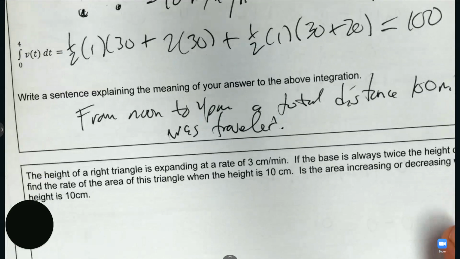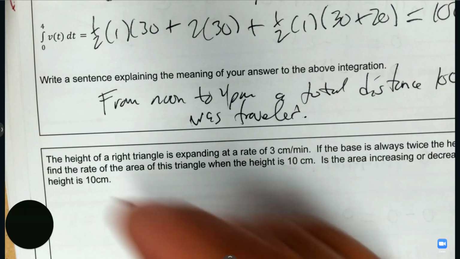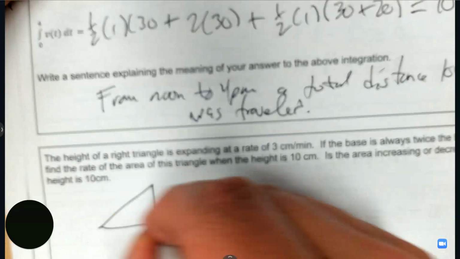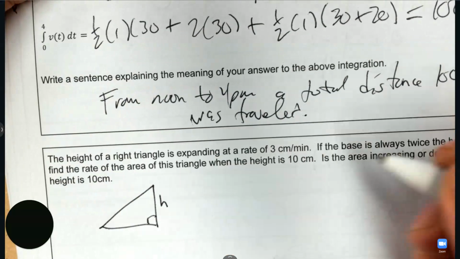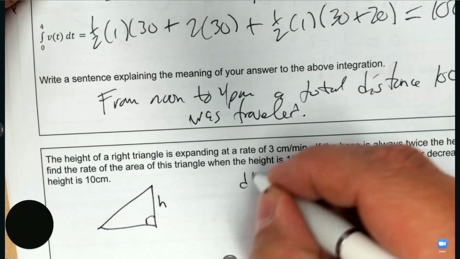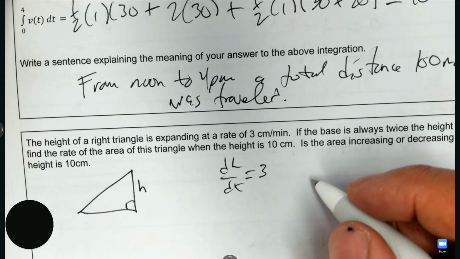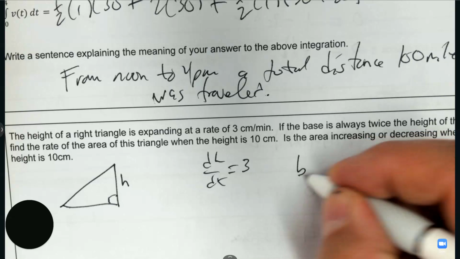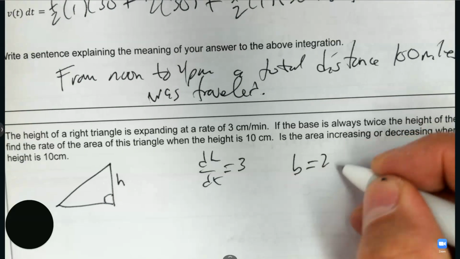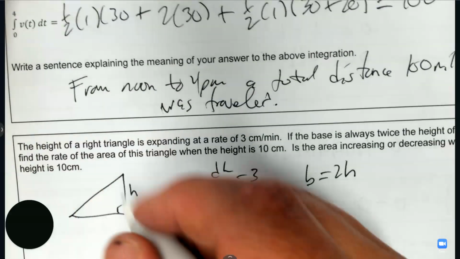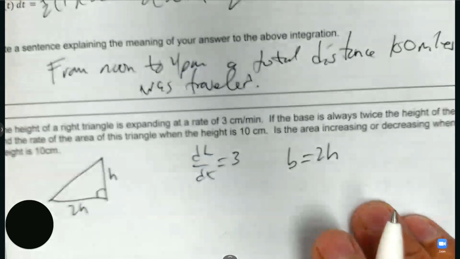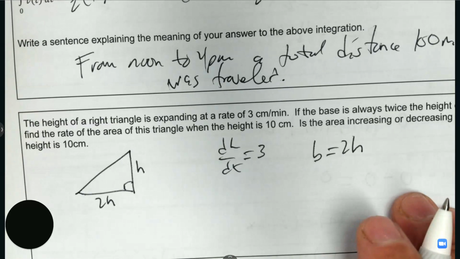Our last one. The height of a right triangle is expanding at a rate of 3 centimeters per minute. And it's positive because it's expanding. The base is always twice the height. And it says find the rate of the area.